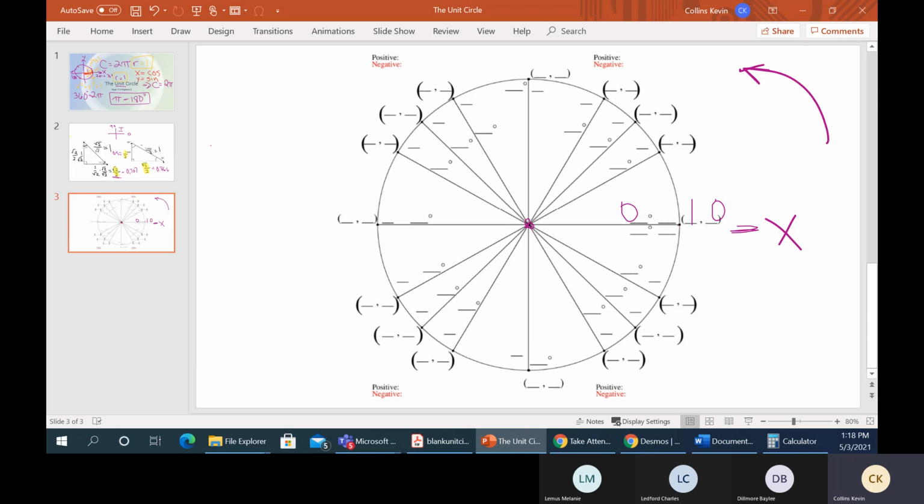Okay? Now, when we get up here to 90 degrees, right, so it's up here. So 90 degrees is right here. At that point, we're at our highest point, right? So the highest point we get to at this point, and remember the height up and down is the second term, this is going to be 1.